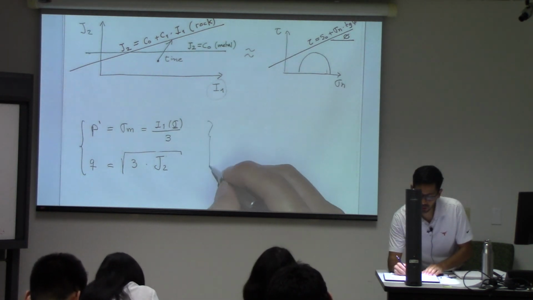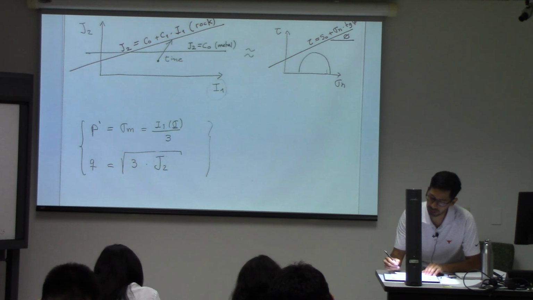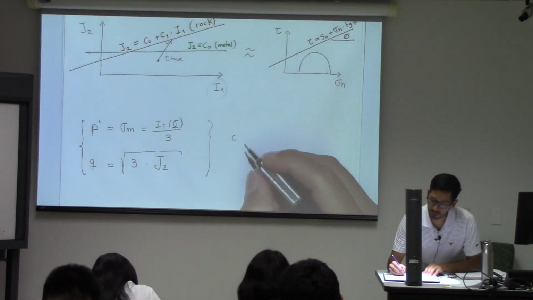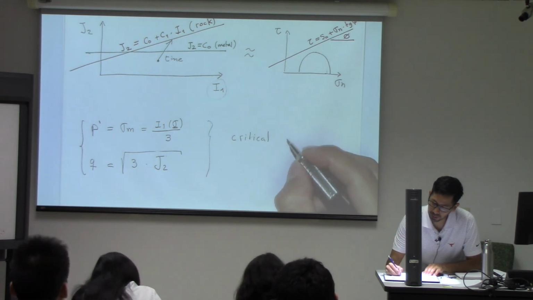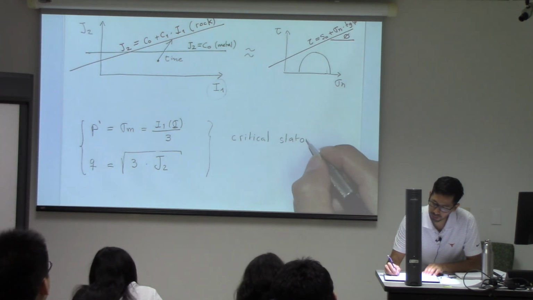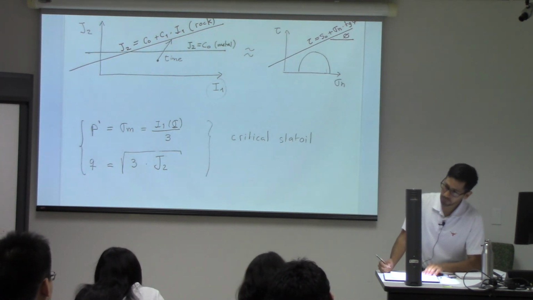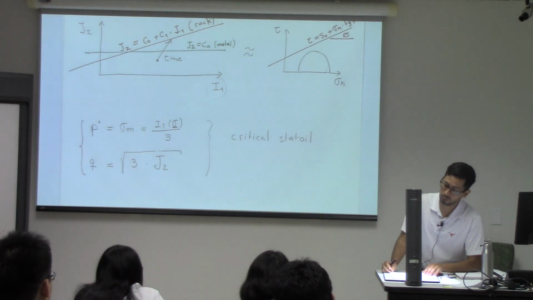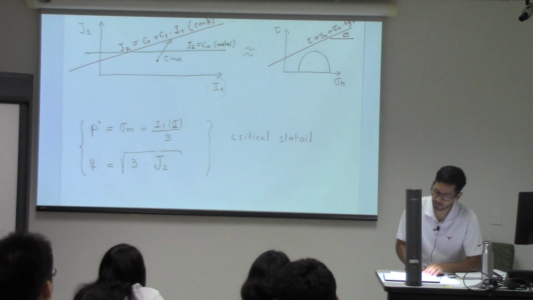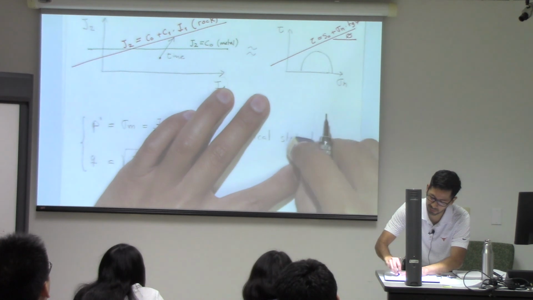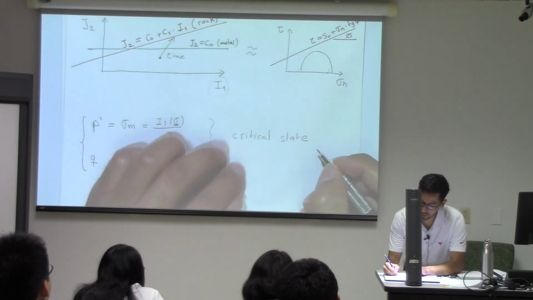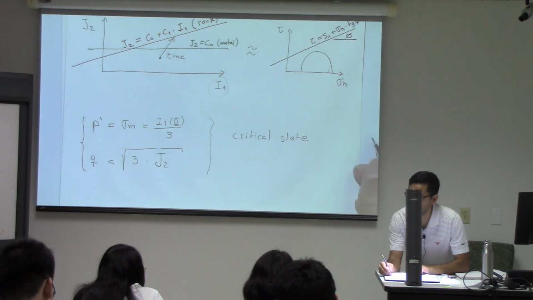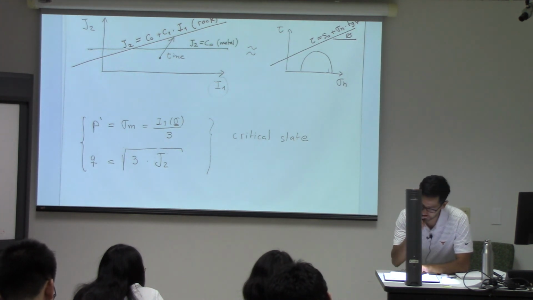We're going to use these two parameters later on in a theory that allows us to explain the behavior of rocks with plastic deformation. What did I write? Critical Statoil. Working too much with Statoil. You know that Statoil now is called Equinor, so they changed name.